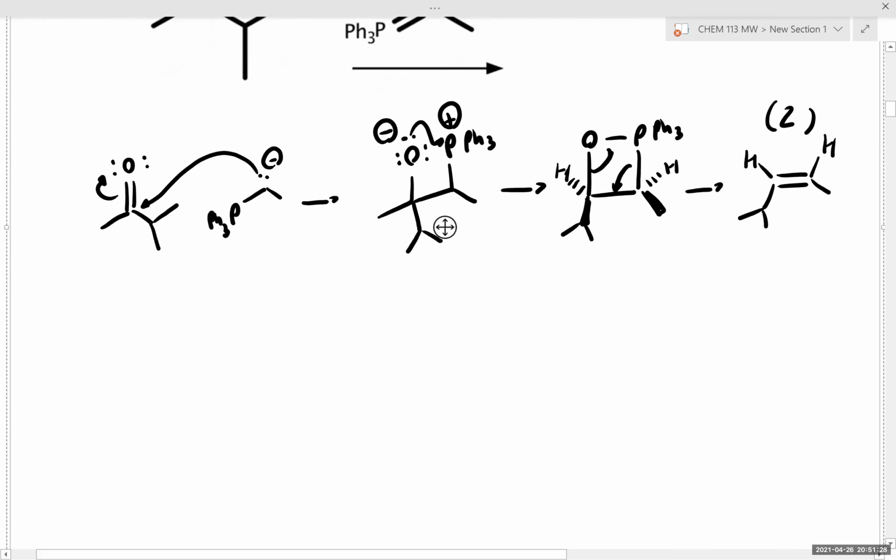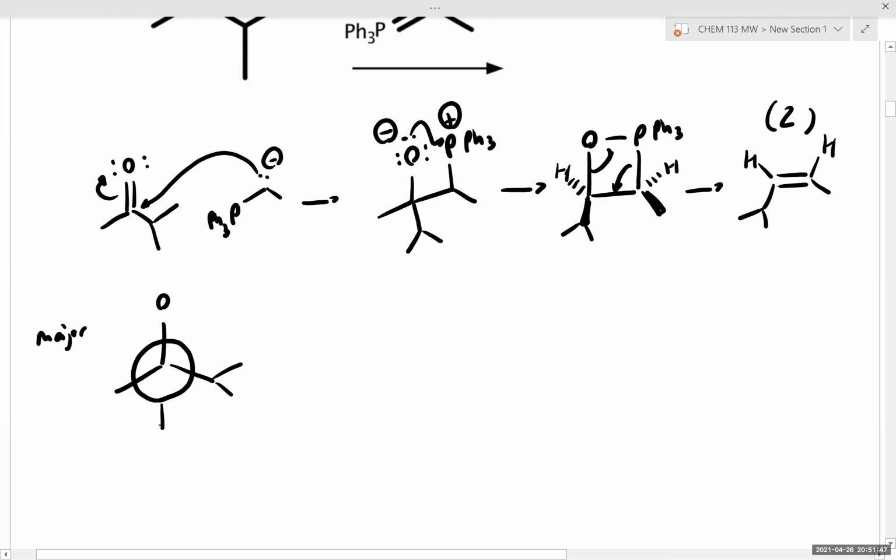Now, in terms of the two Newman projections for our major product, as we discussed in class, the addition of your Wittig reagent to your carbonyl carbon occurs to give an addition product that minimizes steric hindrance between your bulky groups.